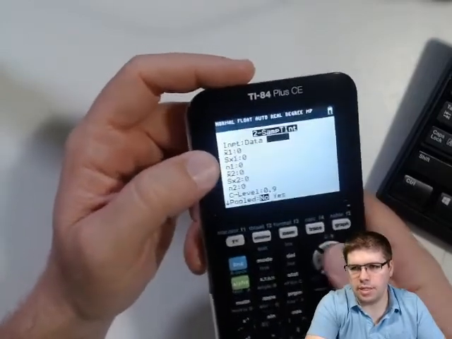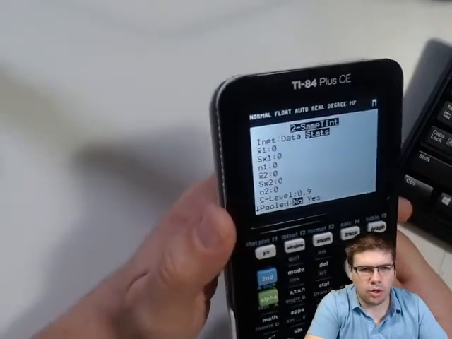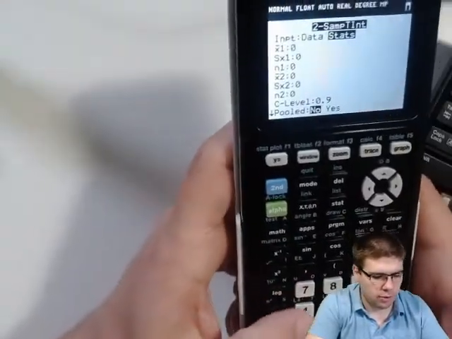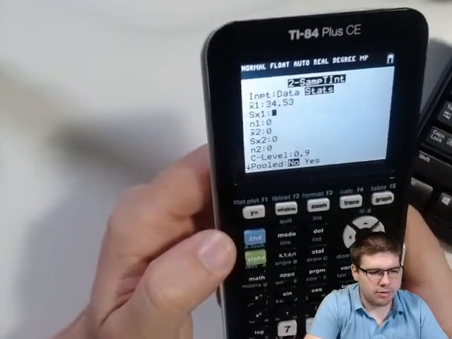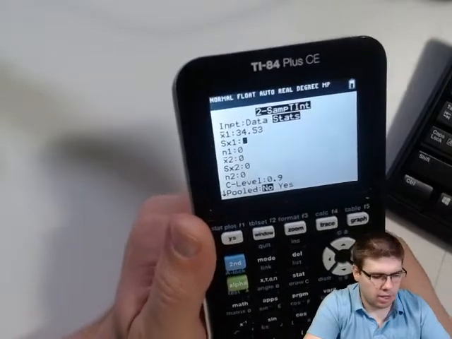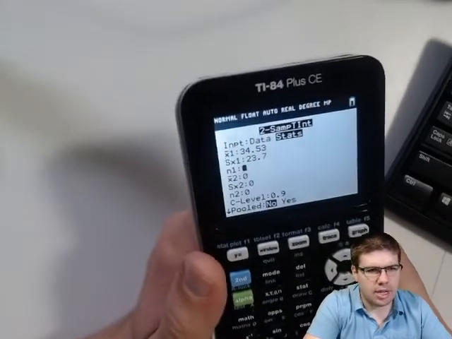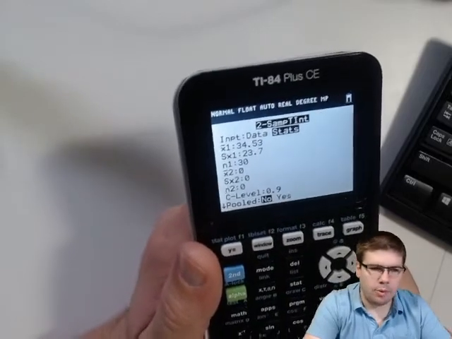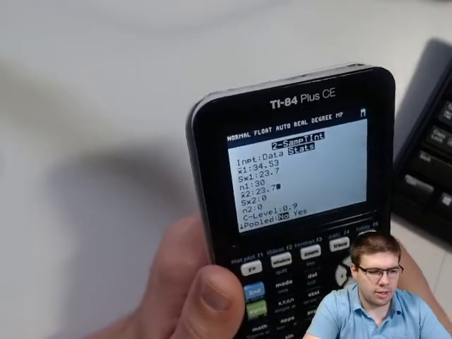But we've got summary statistics, and there's a good bit to enter. So we need x bar 1, which we were given as 34.53. That was the mean of the southern trees. The standard deviation of that group was 23.7. The sample size for that group was 30, and then move on to sample 2, and the mean was 23.7.